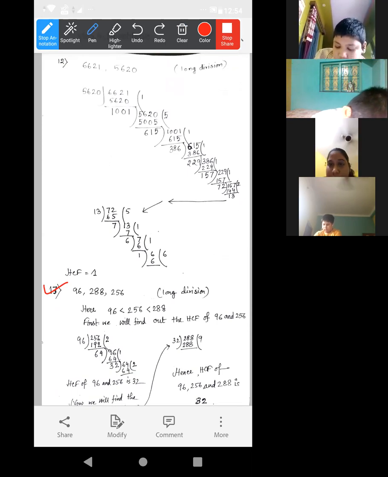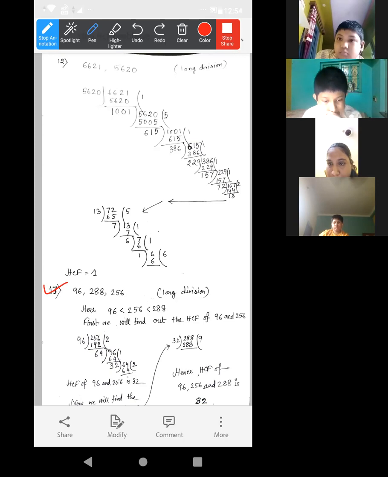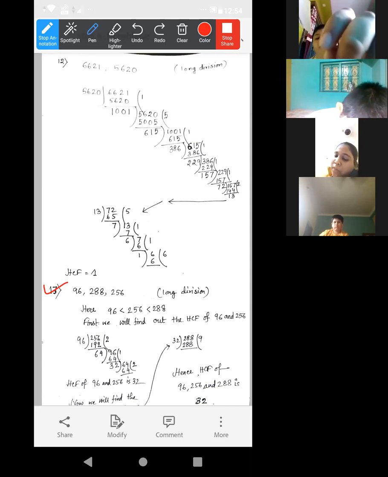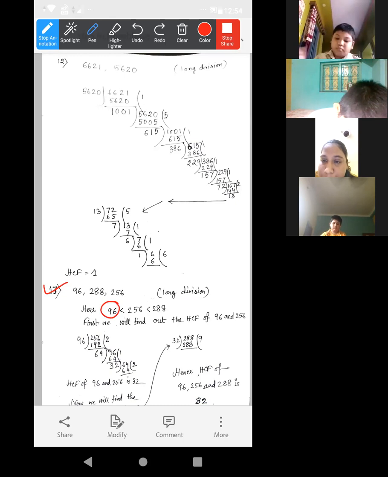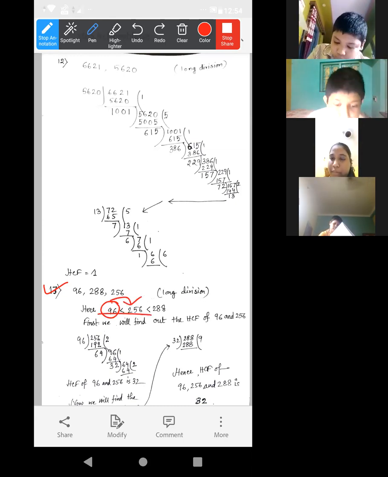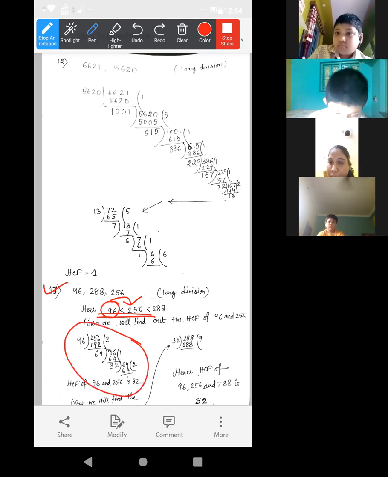Number 13, just listen to me, all of you. There are 3 numbers. So basically, what is the rule? First, arrange them into ascending or descending order, whatever you want. After arranging, take the 2 lesser numbers, the first one 96, then the lesser is 256. Find the HCF of these by using the division method.